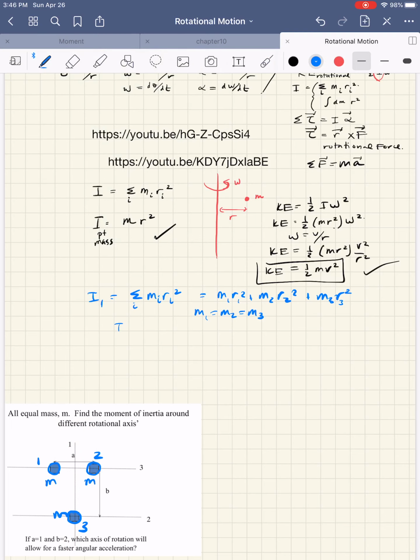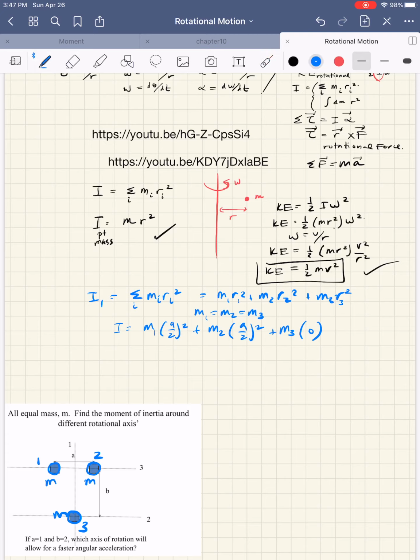So in my sum, mass 1 is just m, and r1 is just a over 2 squared. Same with r2, a over 2 squared. And mass 3, again, I keep forgetting to write those as m, is actually 0 away from the axis of rotation. It's right on it. So these are point masses right on the axes.